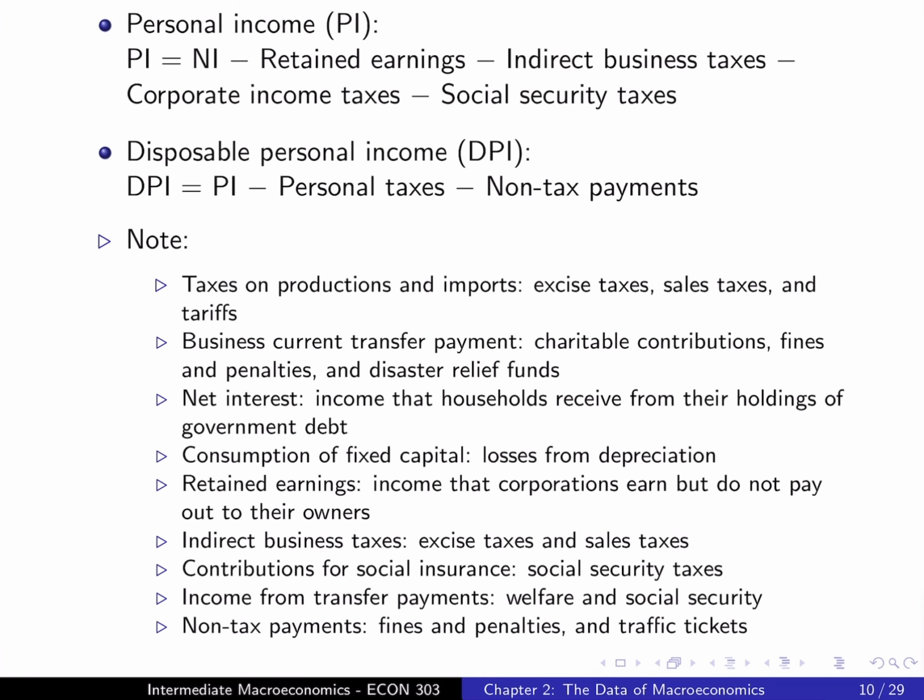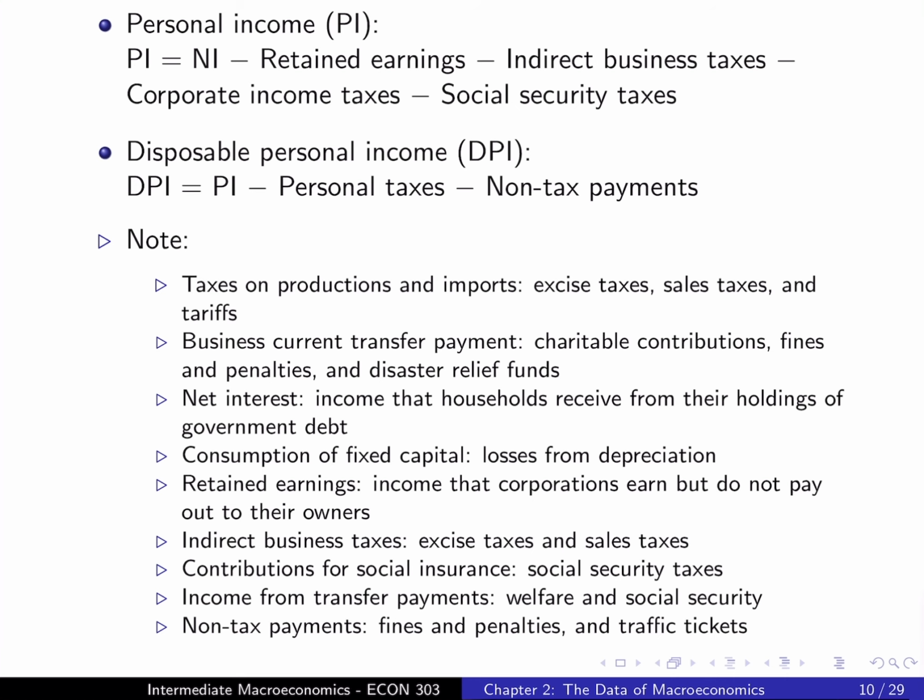Let's now shift our focus from national aggregates to measures of individual household income, personal income, and disposable personal income. Personal income, PI, is derived from national income but adjusted for what individuals actually receive.